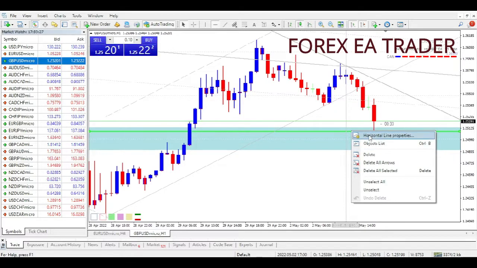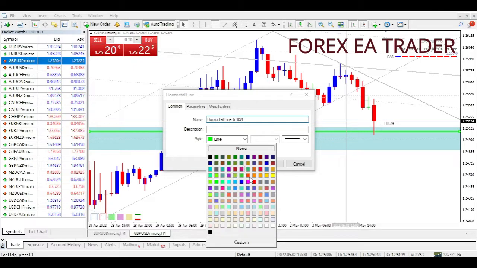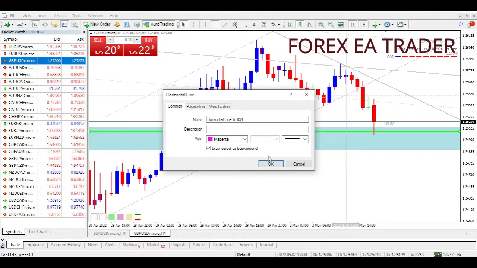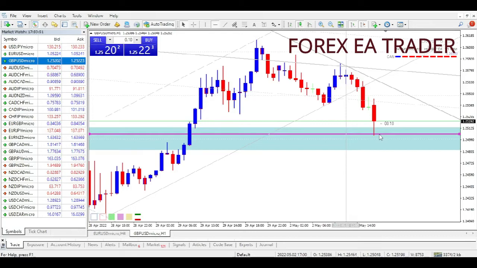Let me just change this line so that everything is clear. Let's make it magenta. So instead of the broker filling, let's say, our sell order on the line that we had there, you find that sometimes your order is only filled at this magenta line. And you wonder what's going on with this broker.